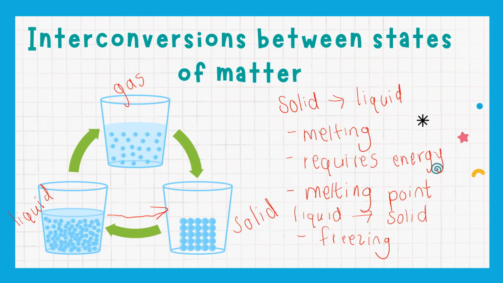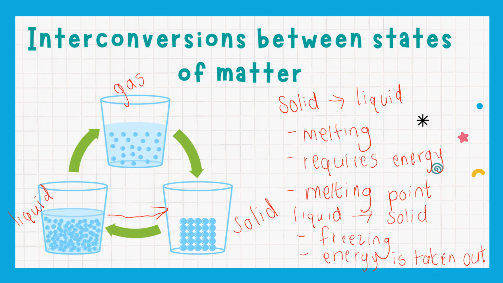In this case, instead of adding energy, the energy is taken out. So you're cooling something. If we want to make ice, we put the water in the freezer, energy is removed from it, it cools down, and then it turns into a solid.